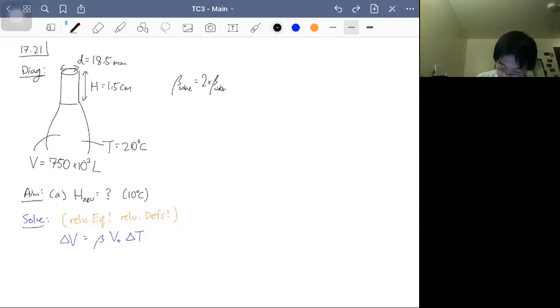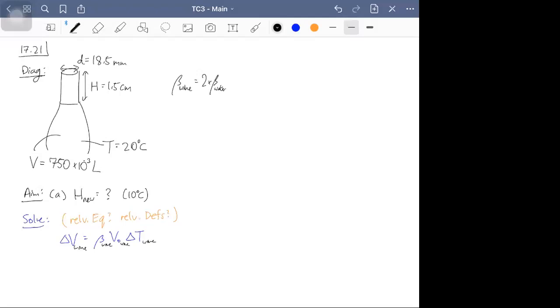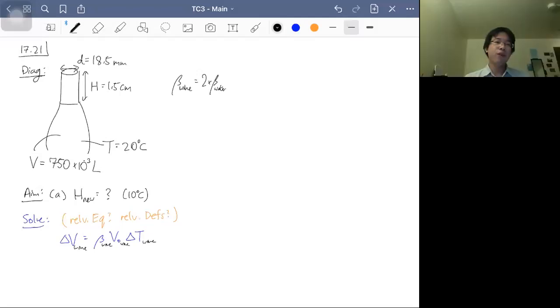So apply it: wine, beta of wine, V naught of wine, and the change in temperature of wine. Believe it or not, in a paper exam, as soon as you write down this subscript, you at least get 1 point. This is the difference between copying the equation over without applying and copying over and applying. Okay? All right, moving on.